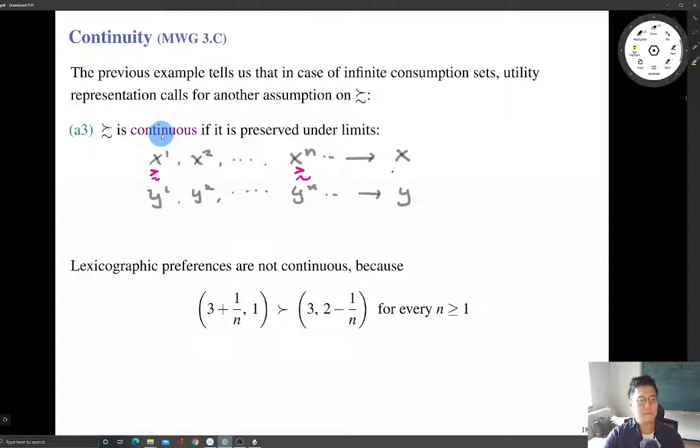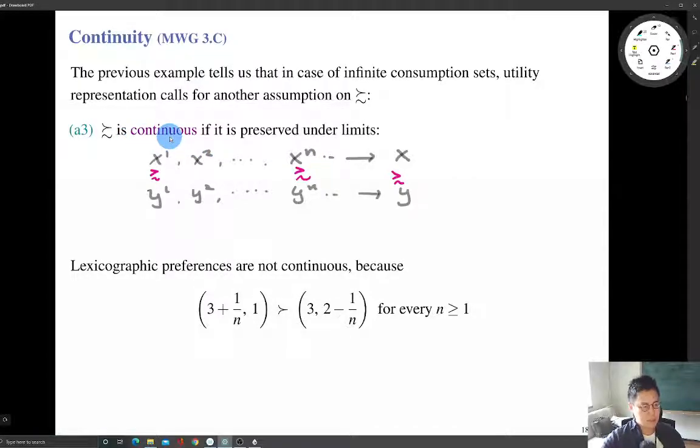So in the case of limit bundles, the limit point, bundle x, is better than the other limit point, bundle y. Then the preference ranking is preserved under limits like this. We say preference is continuous.